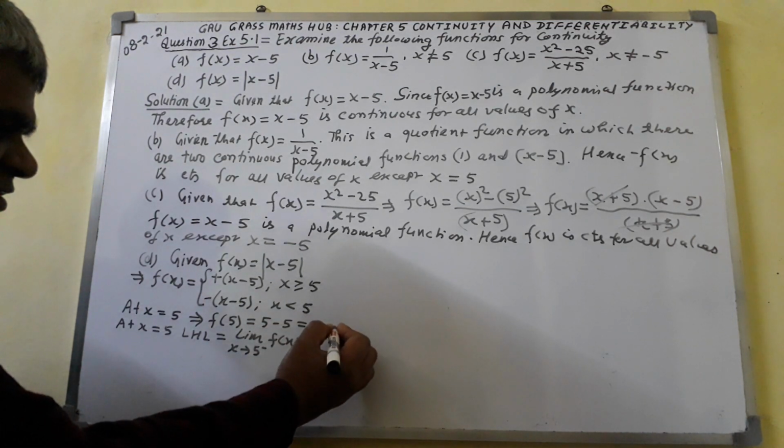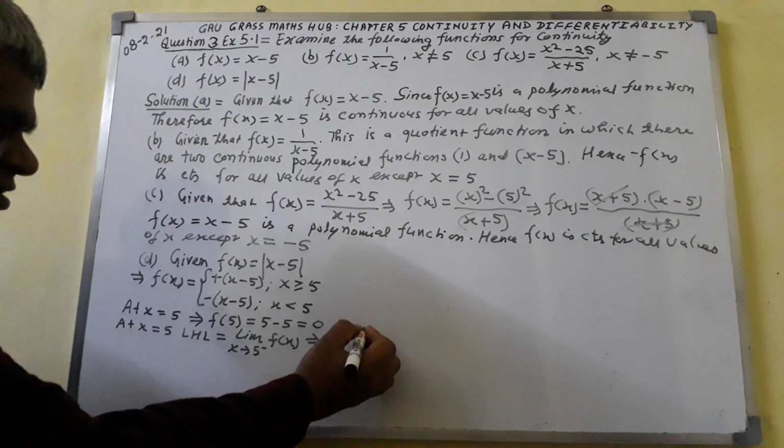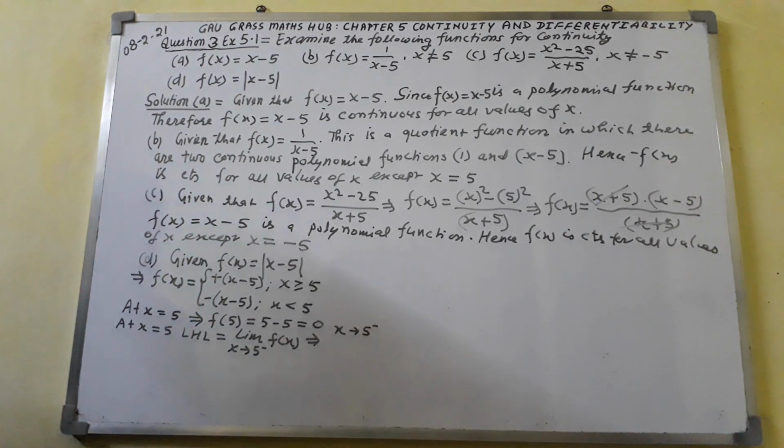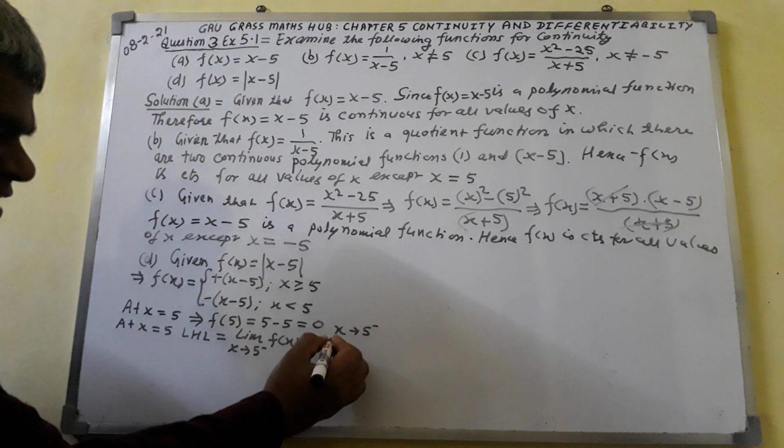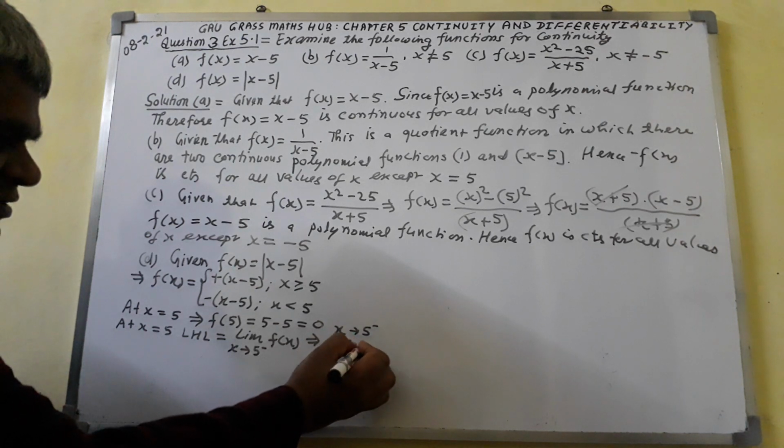Here you can write x tends to 5 negative.